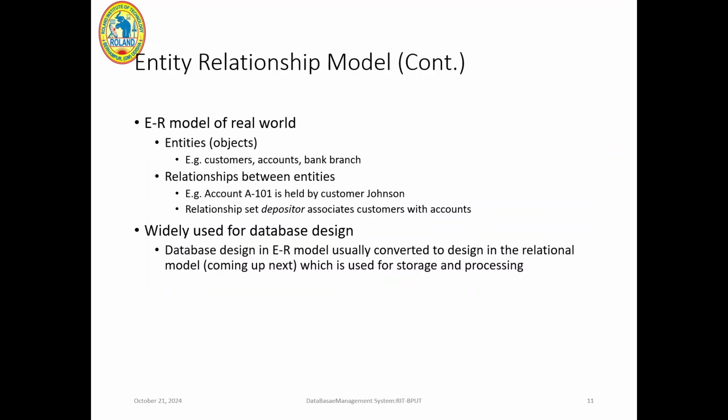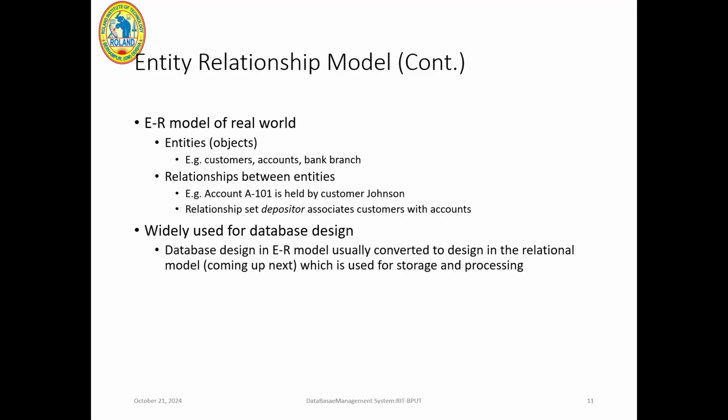Then we continue with the entity relationship model, the ER model of the real world. See, entity means any object. It can be the customer, it can be the account, it can be the bank, branch, etc. Relationships between the entities: suppose there is an account number A101. Actually, this type of account doesn't exist, but suppose the account number is A101.